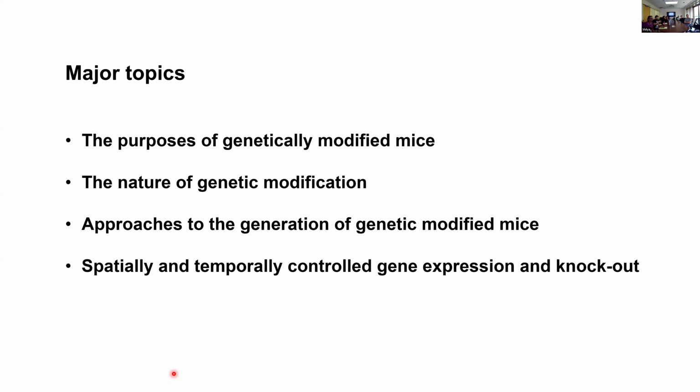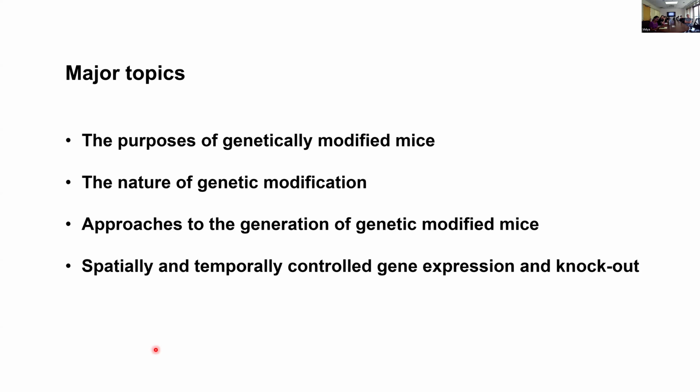So I will divide today's presentation into, generally speaking, four different parts. First, I'll talk about why we want to make genetically modified mice, or what we can achieve with this approach. And then the types of modifications, so what kind of genetic modifications, the different categories.